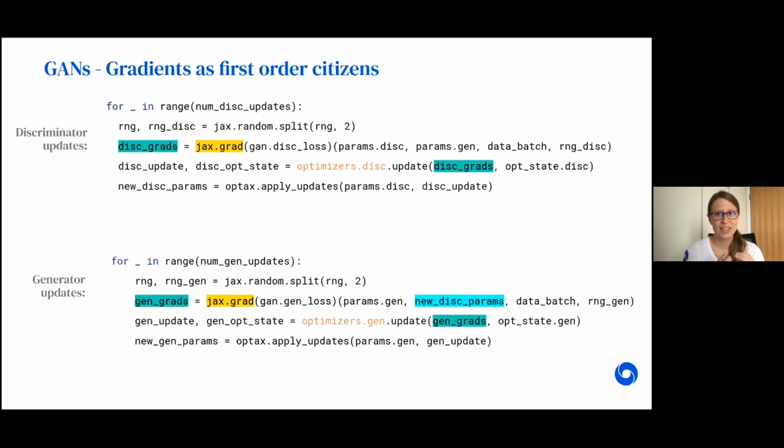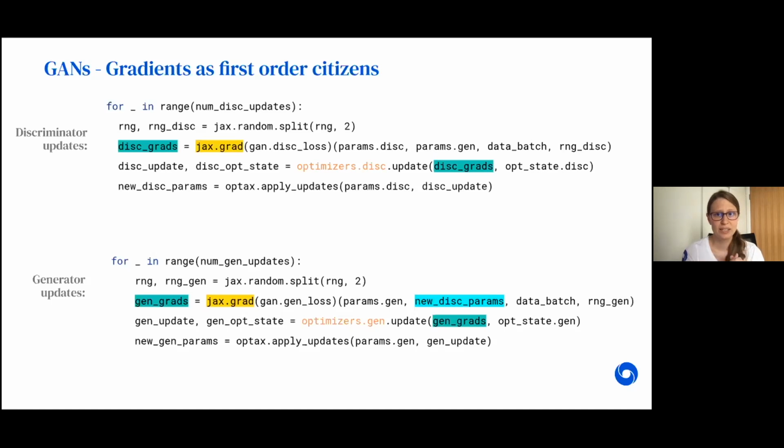So notice that there is no need to stop the gradient to the generator parameters or anything like that, because the grad function works like this: it will differentiate with respect to the first argument. We know that that's just the discriminator parameters, and it doesn't matter that we then evaluate it using generator parameters.